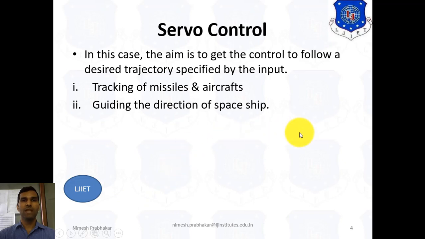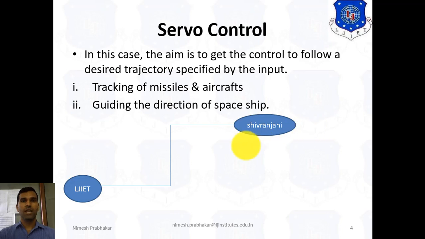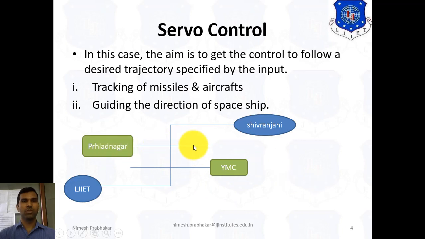That means it must follow the path from LJ to SG highway, from SG highway to ISKCON, and from ISKCON to Sivranjani crossroad. First it passes through YMCA crossroad, then Prahladnagar crossroad, then it comes to ISKCON, and then it goes to Sivranjani.